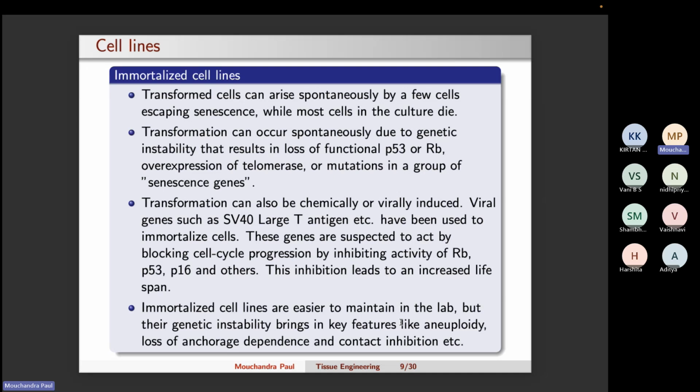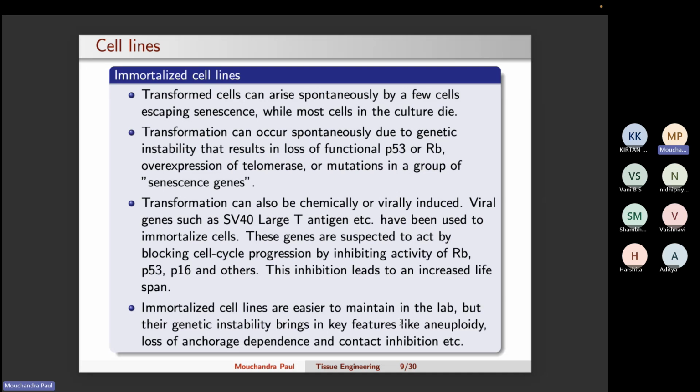Chromosomes exist in pairs, so one of the chromosome 21 breaks off in between, making three chromosome 21. In this way, there can be addition or subtraction of a whole chromosome, and that kind of thing happens when you analyze the genome of immortalized cell lines.